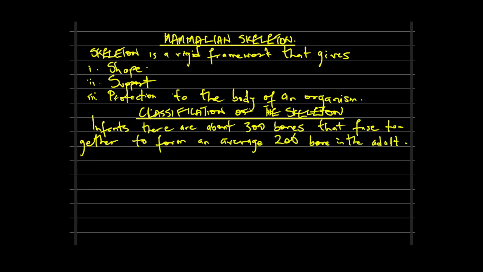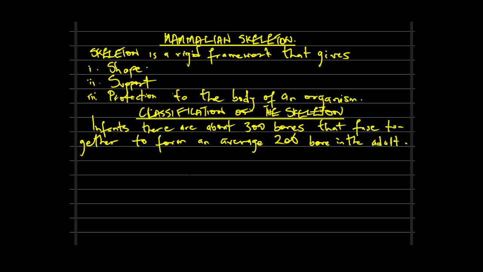That is the number of bones that we have in the mammalian skeleton. So in the infant, we have an average of 300 bones, which eventually fuse up as the infant grows older, to give an average of 206 bones in total.